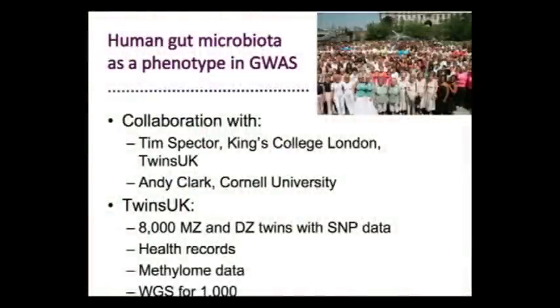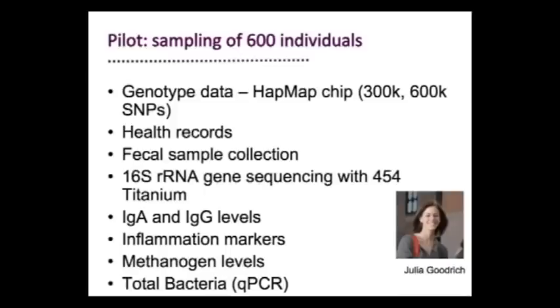They're half MZ, half DZ, and they have full health records for these individuals and then a number of other data sets for these individuals. So what we're doing is taking the genotype data and the health records, and we're sampling feces from these people and generating 16S data, plus some other measurements in stool, starting with a pilot study of roughly 600 individuals.